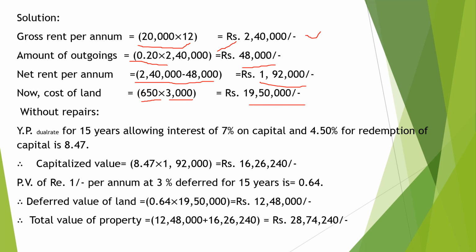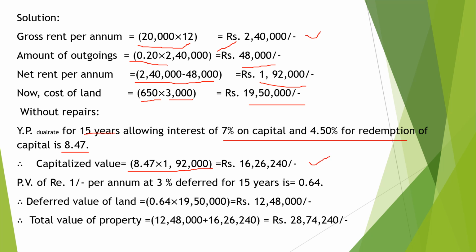So YP for the first 15 years at 7% on capital and 4.5% on redemption, YP dual rate comes out to be, if you calculate it, 8.47. So the value: 8.47 into 1,90,000, 16,26,240.